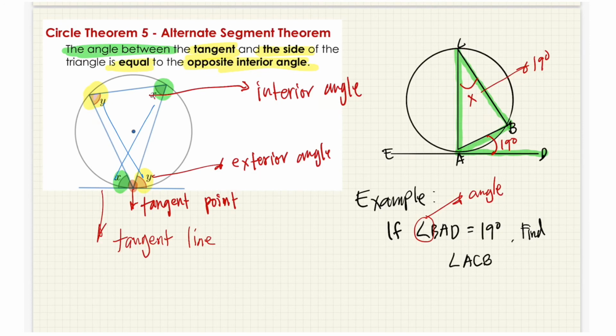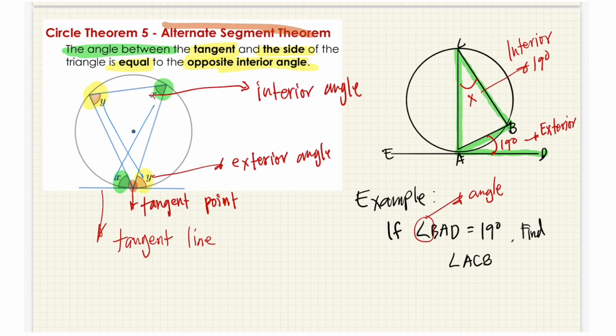Okay? Because they are opposite, this is the exterior and this is the interior. Since they are opposite, interior and exterior alternate, that's why it is called alternate angle.